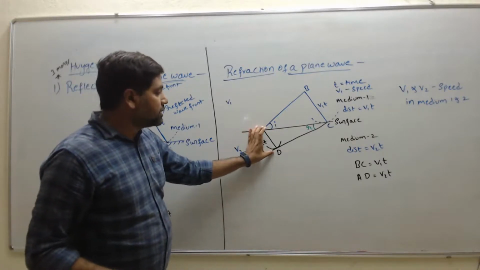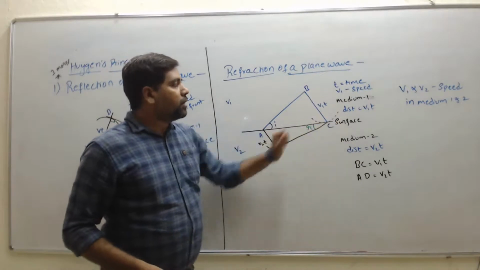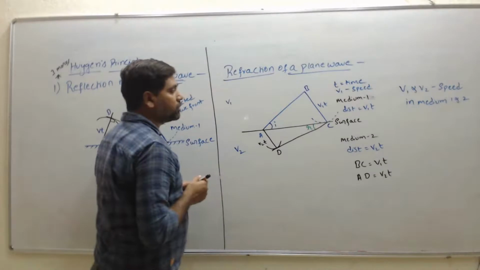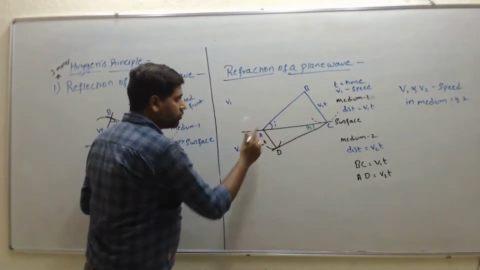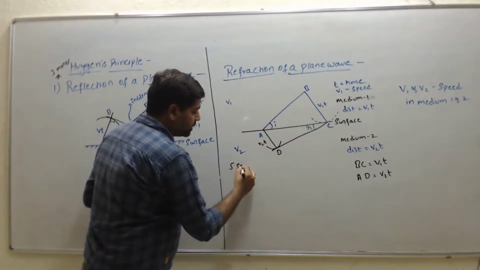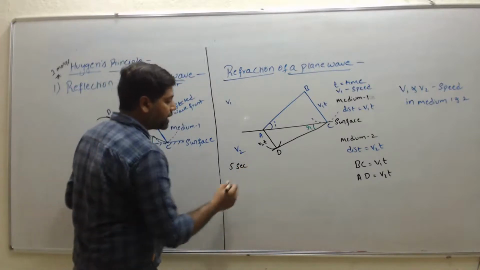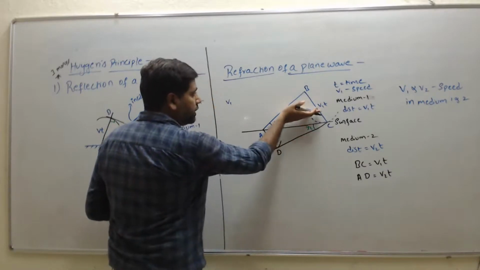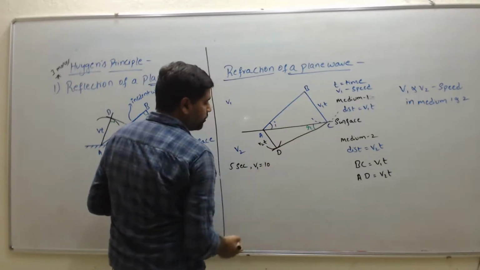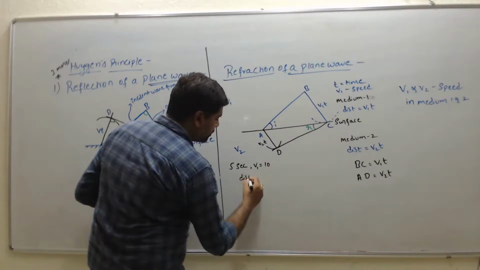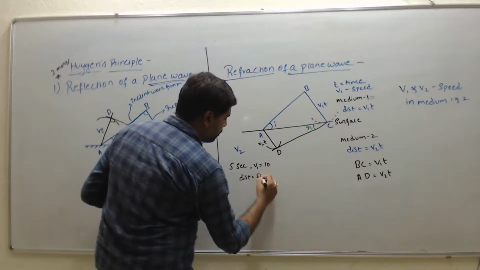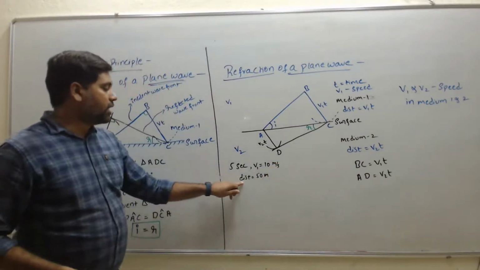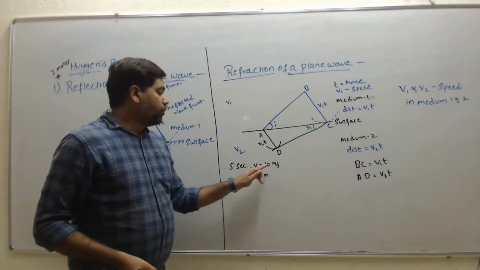That's why it covers a lesser distance than the source B. For example, if I take the time t as 5 seconds and the speed v1 in medium 1 as 10 meters per second, then the distance traveled is 50 meters.